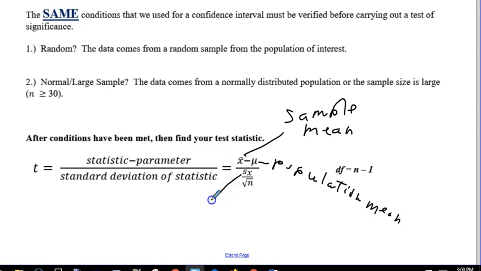Sx, remember, is our standard deviation. And obviously n is the sample size. And don't forget our degrees of freedom over here is n minus 1.